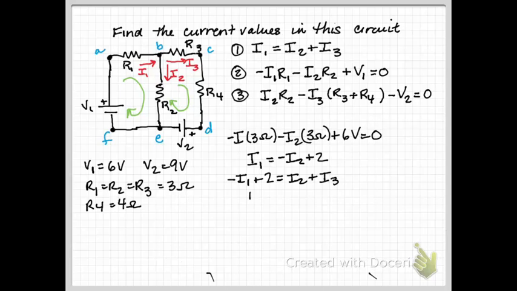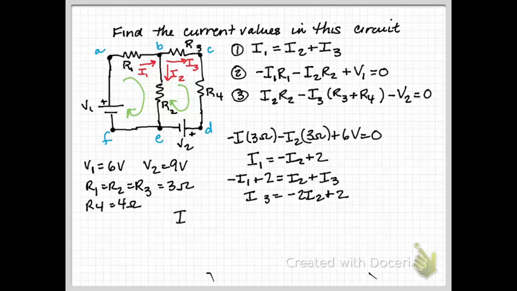and you end up with I3 is minus 2I2 plus 2. And then you want to take that value and plug it in to I3. So we get I3 all in terms of, or equation 3, all in terms of I2.